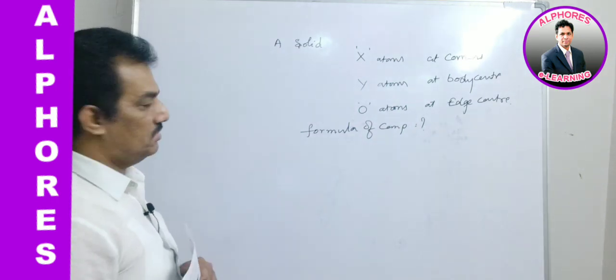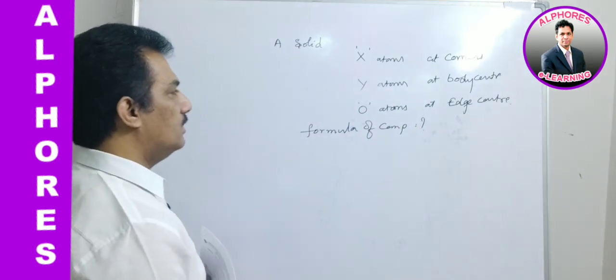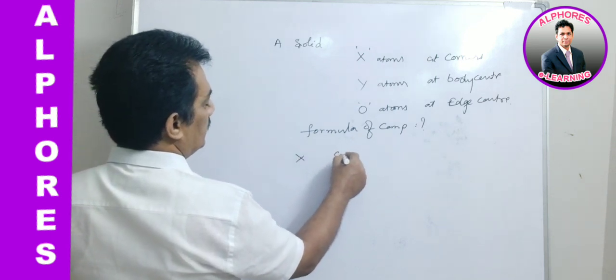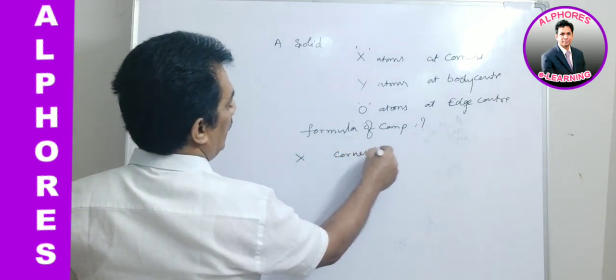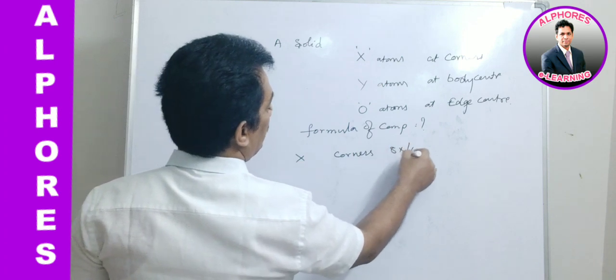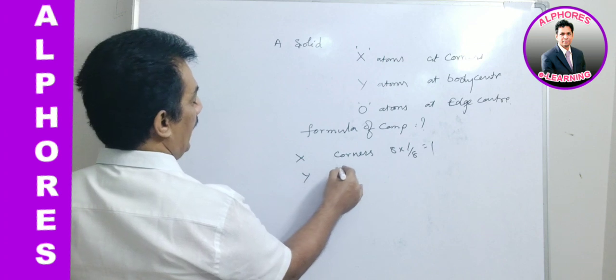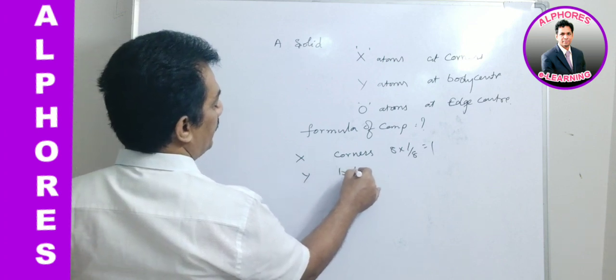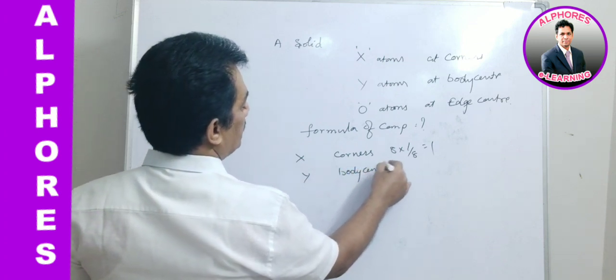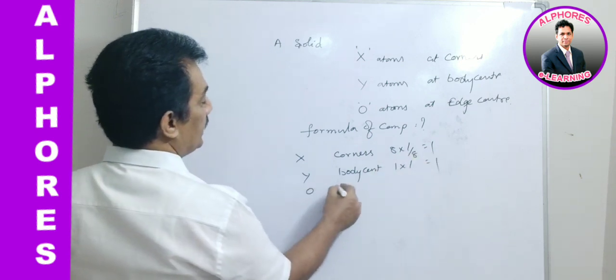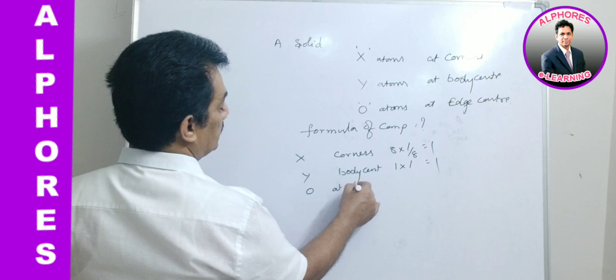I think you have already solved it. Again, let me give the hint. X is at corners, and hence 8 into 1 by 8, it is 1. Y is at body center, so it is 1 into 1, nothing but 1. And O is at edge centers.